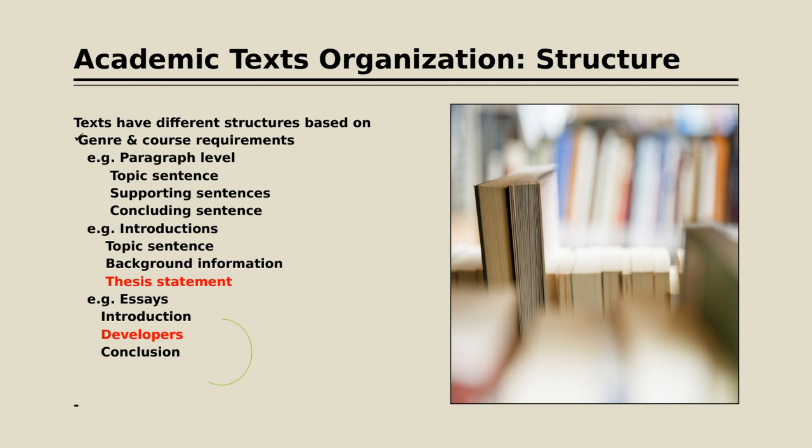And then we develop this idea into an essay, where this paragraph, which I gave as an example of paragraph level, with a topic sentence, supporting sentences, and a concluding sentence, is one of the developing paragraphs in an essay.